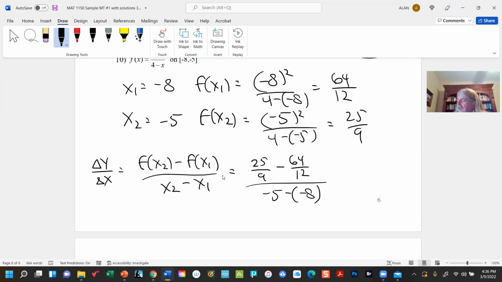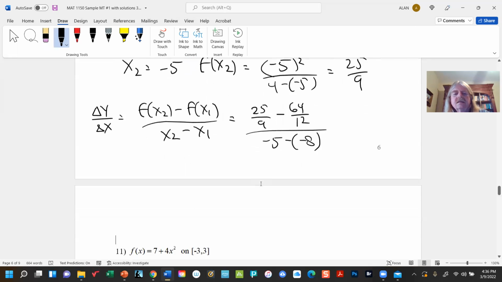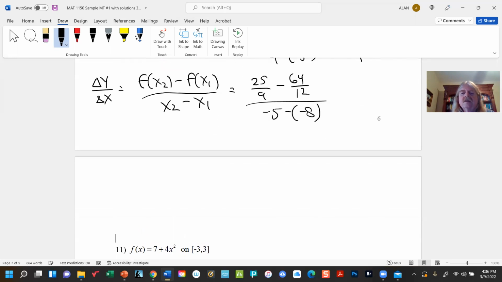Well, now, that's going to be tricky to combine. So let's see, what can we do? 25 ninths and 64 twelfths. Well, you know what you can always do? You can always use one of them as the common denominator. That might help.